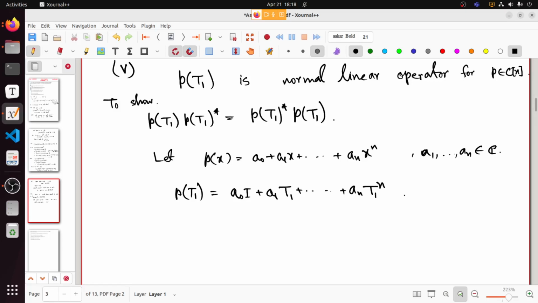So this is the operator P(T1). Then what will be the conjugate transpose, the adjoint P(T1) star? It will be a naught bar I plus a1 bar T1 star plus dot dot dot an bar T1 to the power n whole star, right?